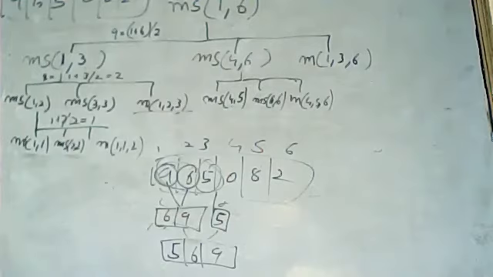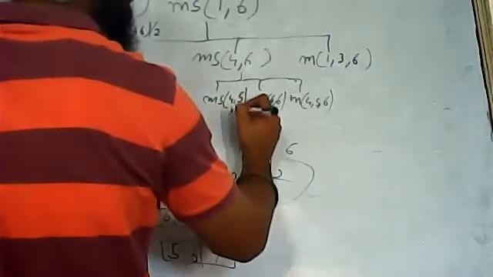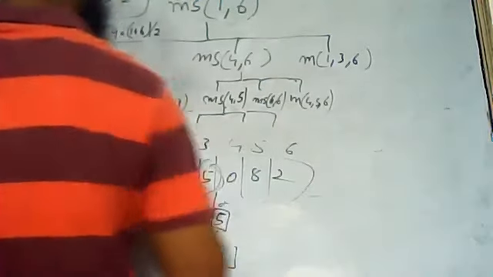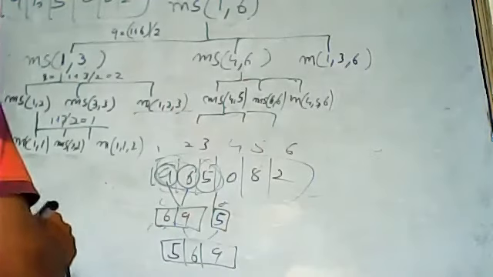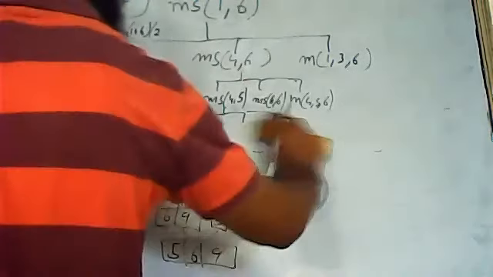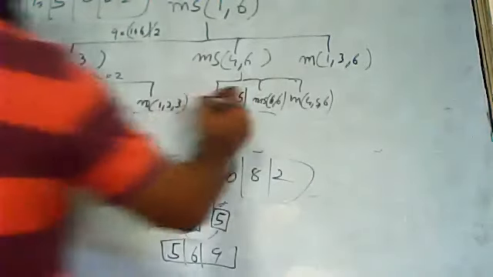And again, because P is still less than R, this is true, so again three function calls will be there. What are those three function calls?